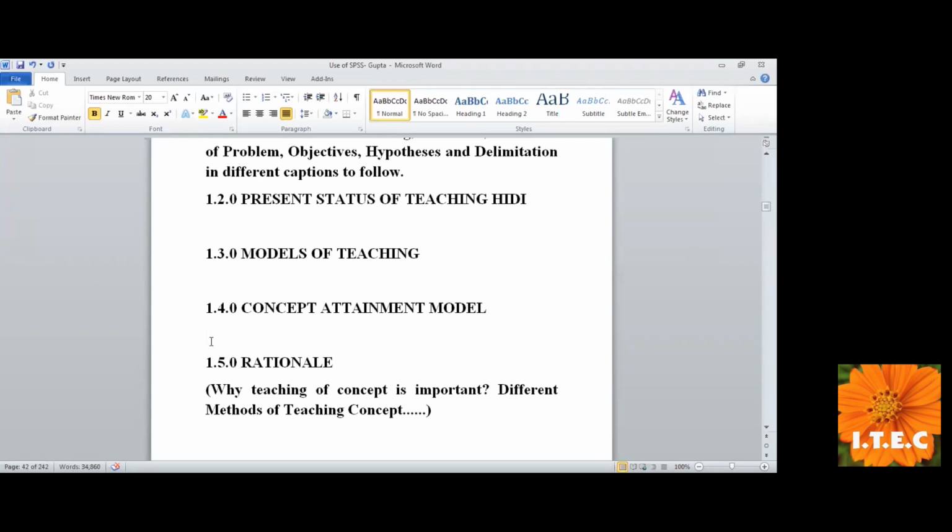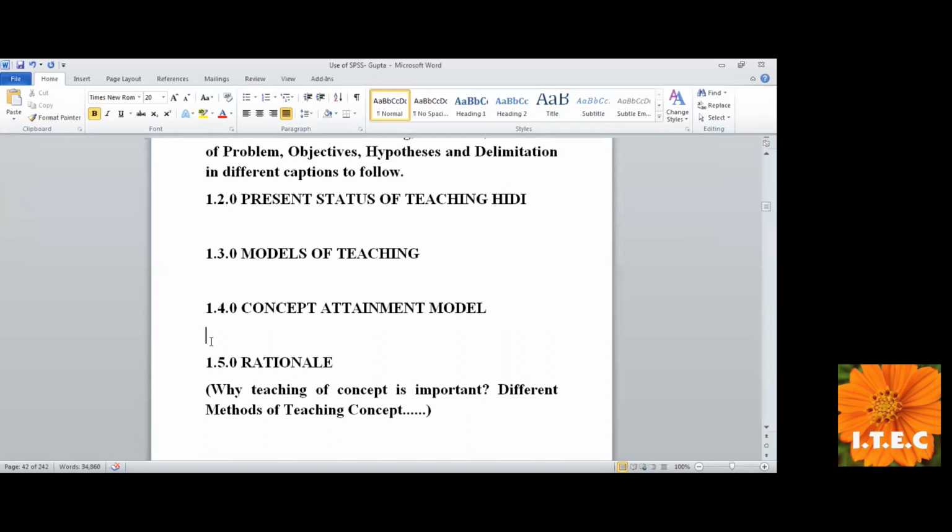So in order to keep chapter number 1 within a particular limit, so that it's not a very lengthy chapter, this part is taken out of this chapter and written in the second chapter, review of related literature.